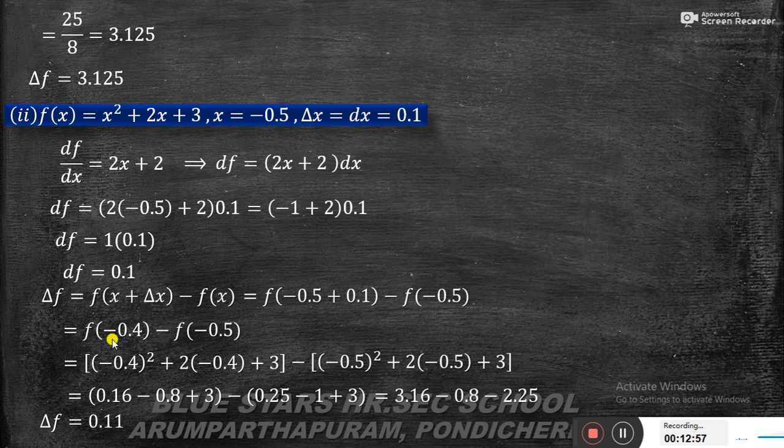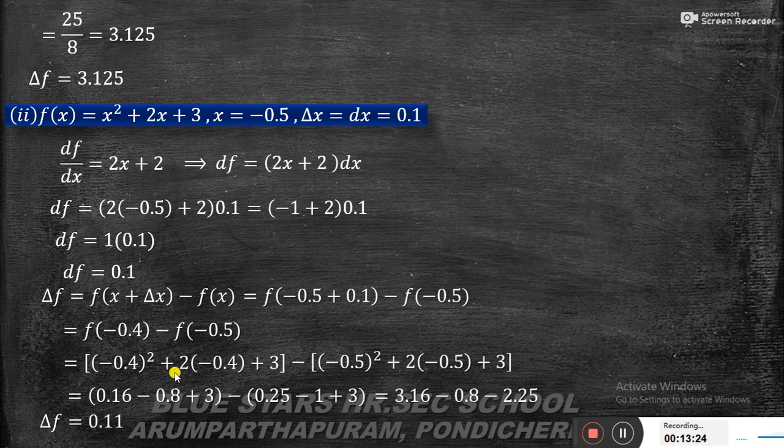So in the next step, the f of x function is x square plus 2x plus 3. I substitute. That means (minus 0.4) whole square plus 2 into minus 0.4 plus 3, minus f of minus 0.5 means (minus 0.5) whole square plus 2 into minus 0.5 plus 3. Therefore (minus 0.4) whole square means 0.16.